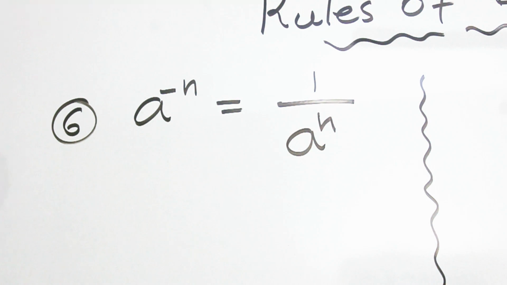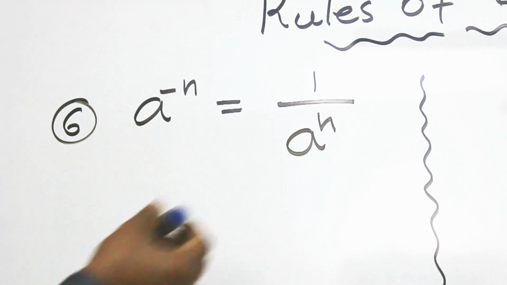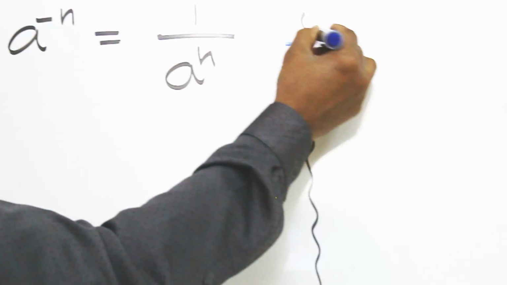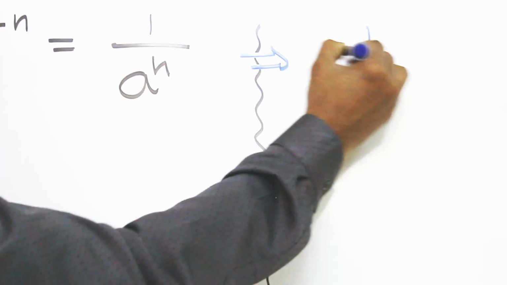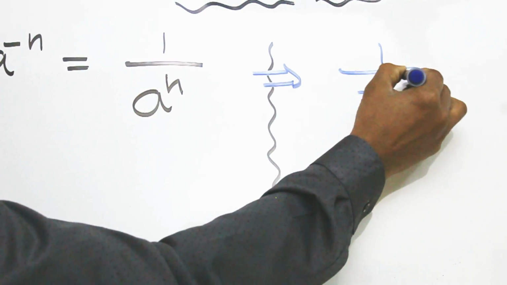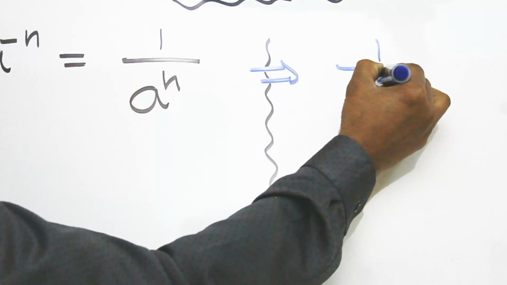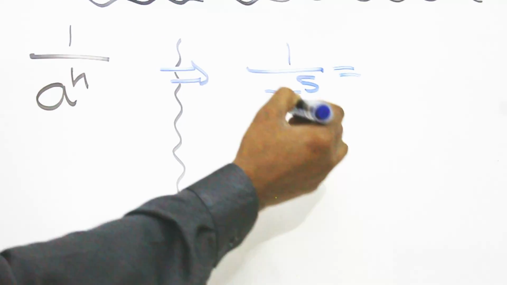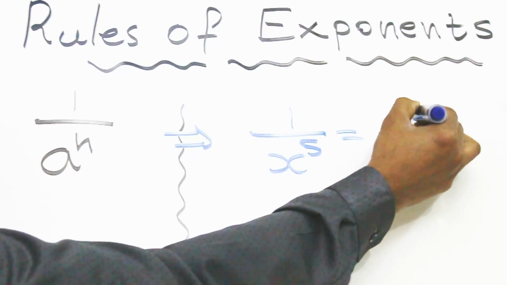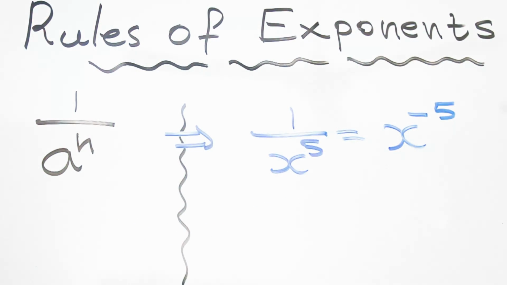For example, 1 by x power 5 is equal to x power minus 5.